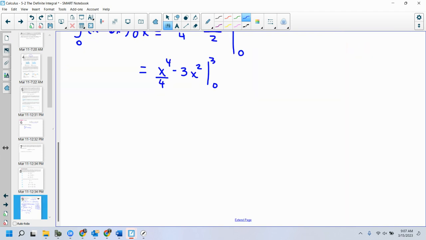Okay, so this means I'm going to take 3 to the third divided by 4 minus 3 times 3 squared minus, and you got to put this in parentheses here, 0 plugged in. 0 to the 4th over 4 minus 3 times 0 squared.